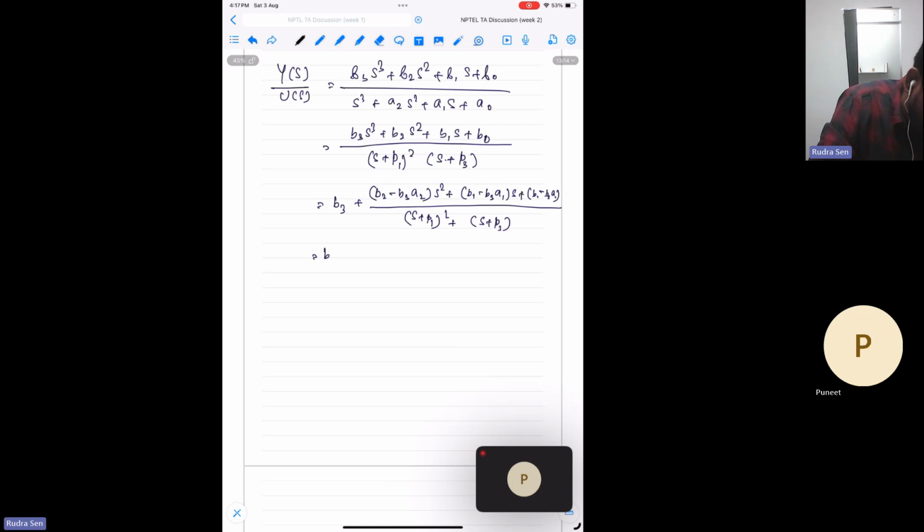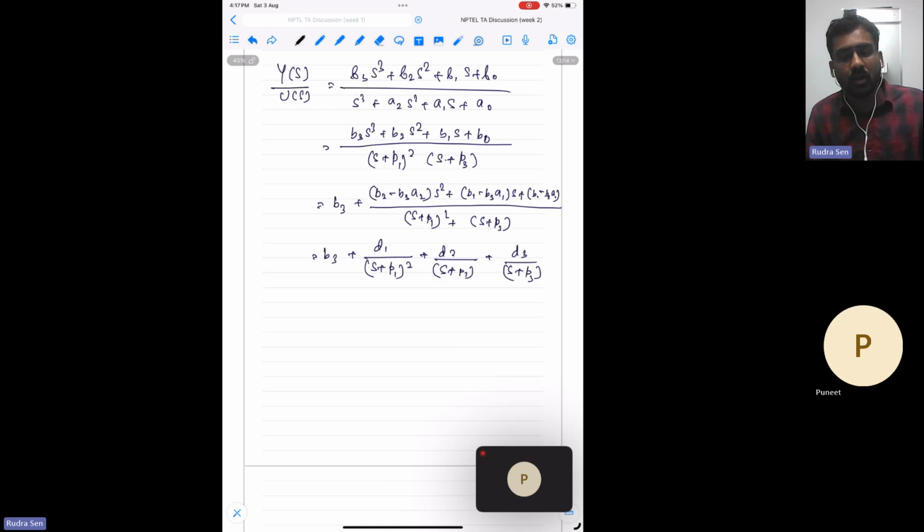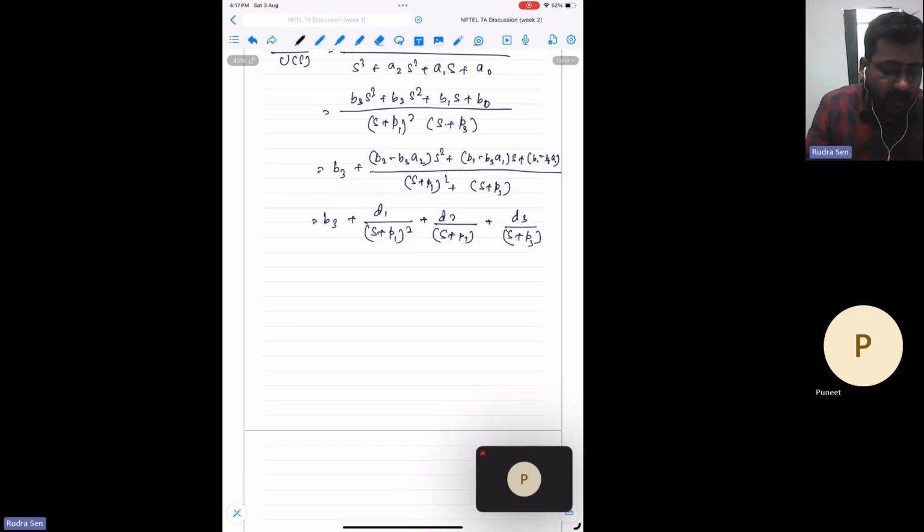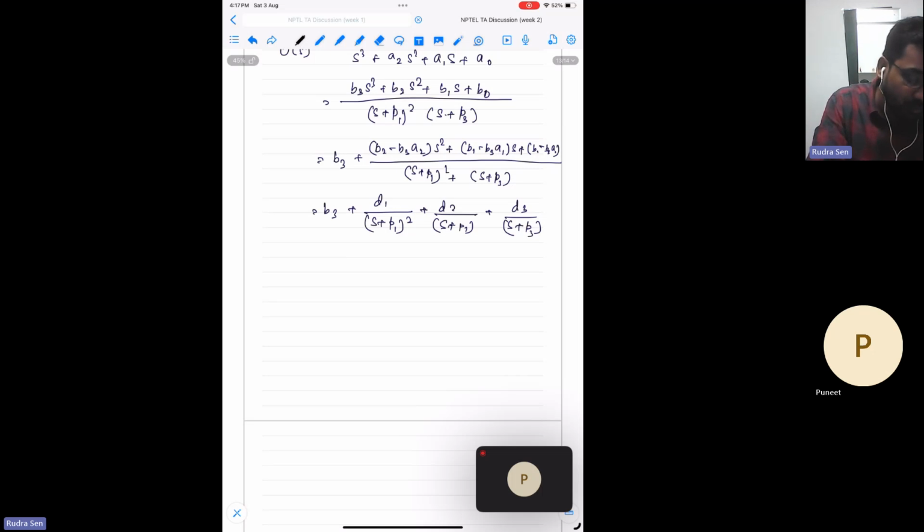So now what we do is write this as some d1 over (s plus p1) square plus d2 over (s plus p1) plus d3 over (s plus p3). Similarly to the way we did the partial fraction, a similar approach. Now we have to find the values of d1, d2, and d3.